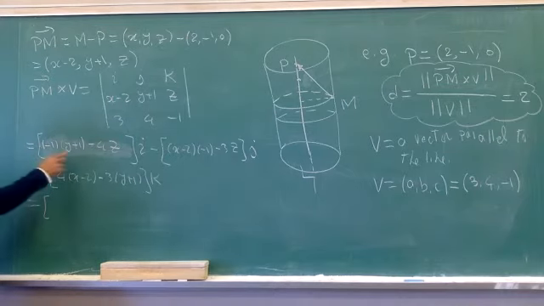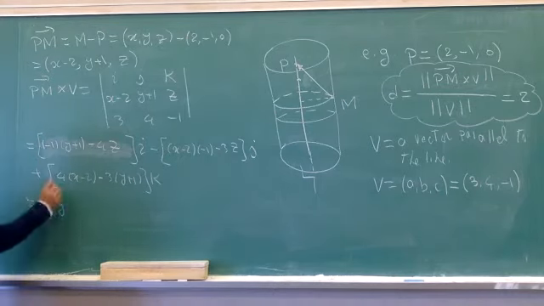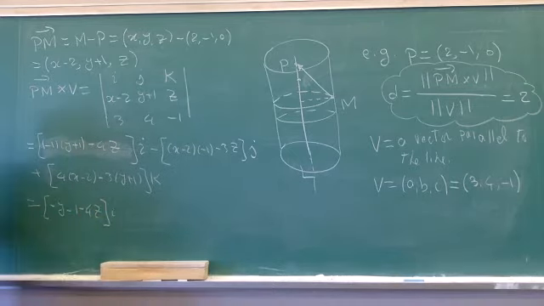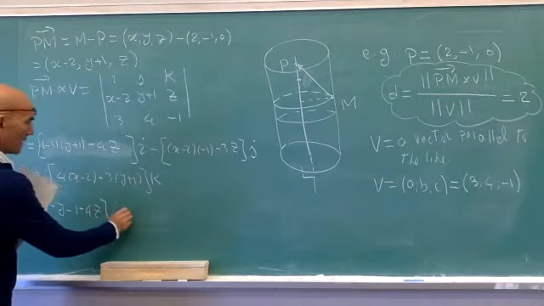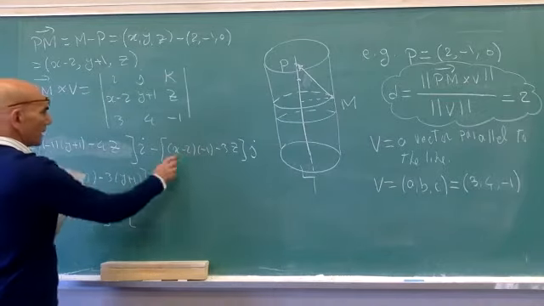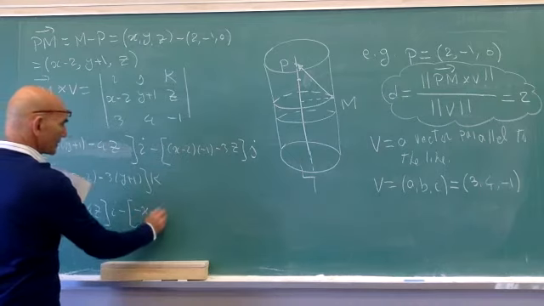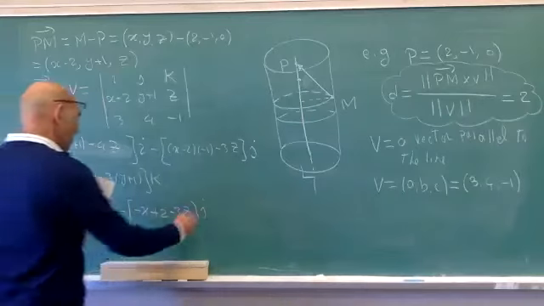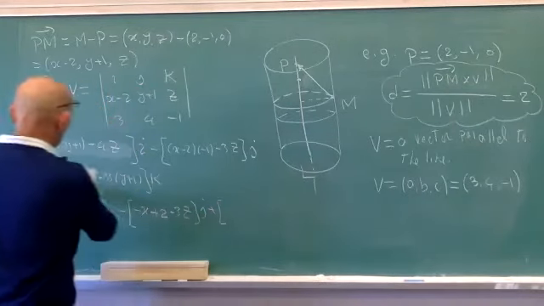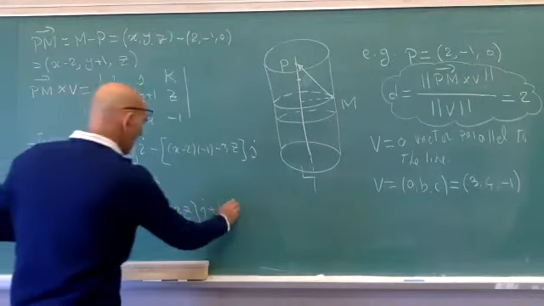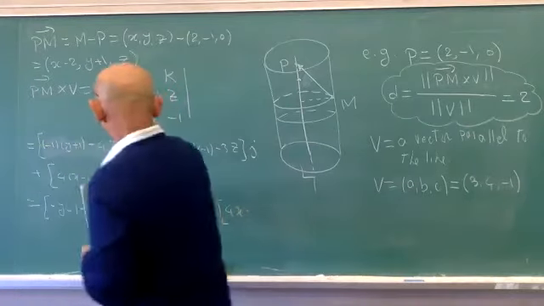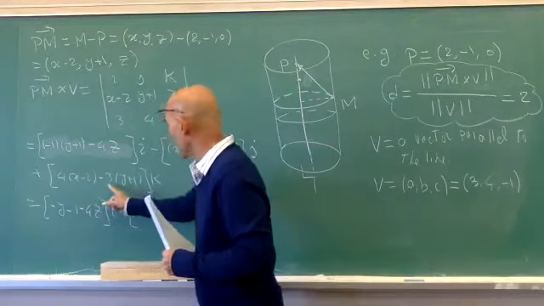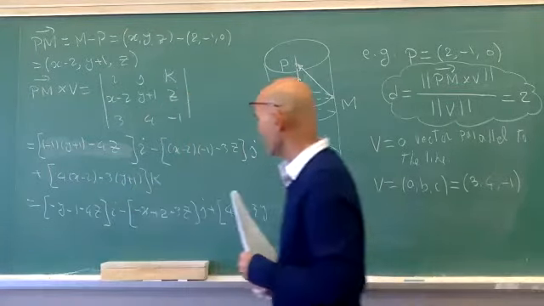Okay, so this is equal to negative y, negative 1, negative 4z times I. That's fine. Negative x plus 2, negative 3z, J plus, then we have 4x negative 3y, negative 8, negative 3 is negative 11.